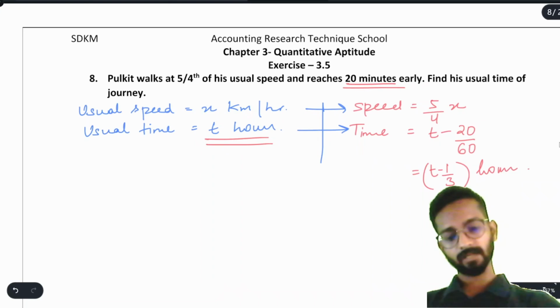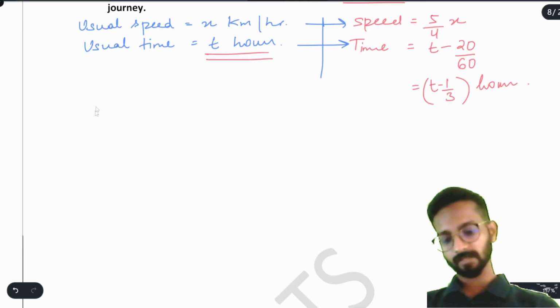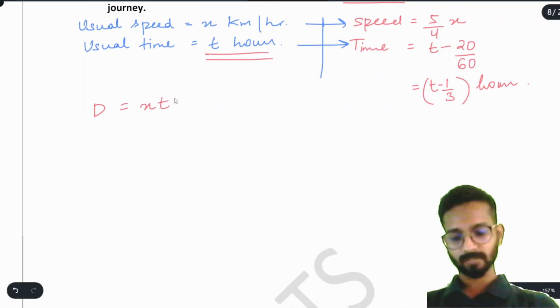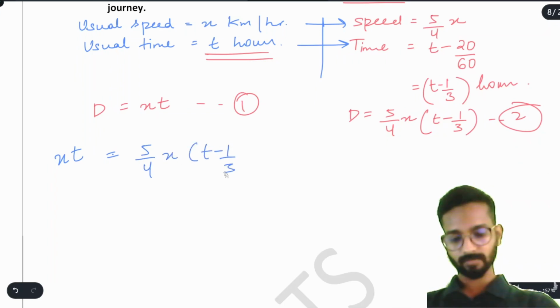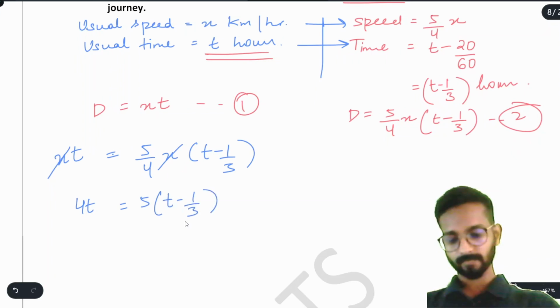Simple. Now again you can say here distance is equal to xt. Here distance is equal to 5 by 4x into t minus 1 by 3. Equating equation 1 and equation 2, you can say xt is equal to 5 by 4x into t minus 1 by 3. x cancels, 4 will go that side. 4t is equal to 5 of t minus 1 by 3.